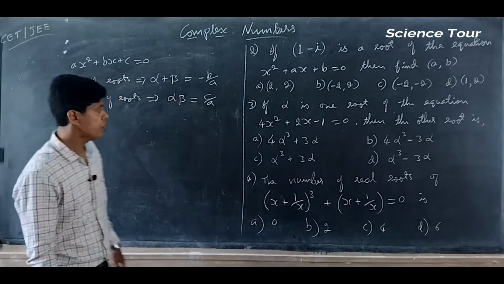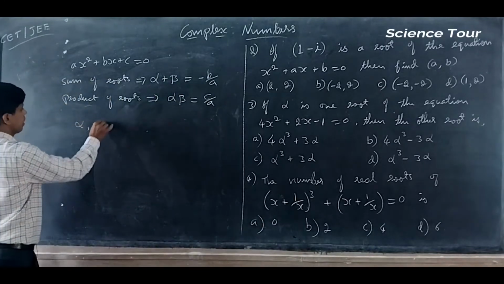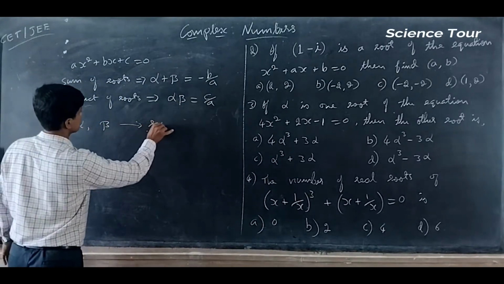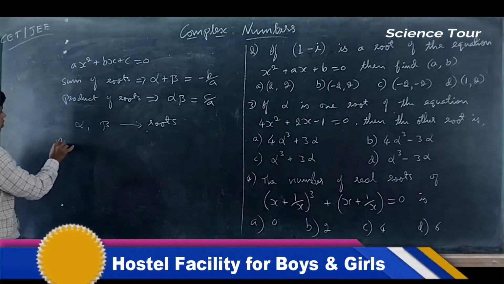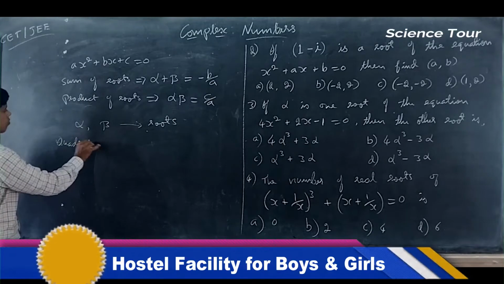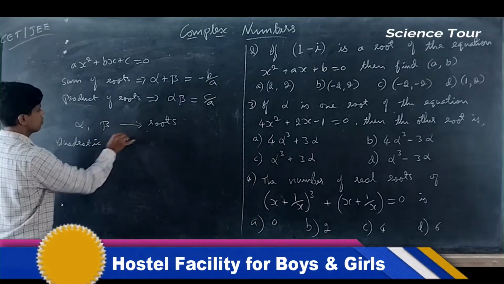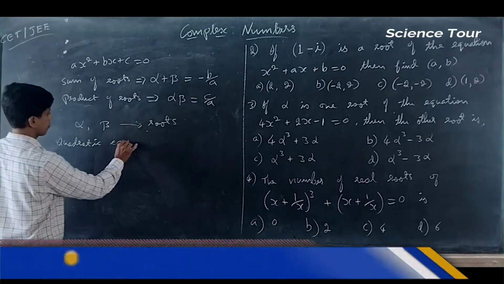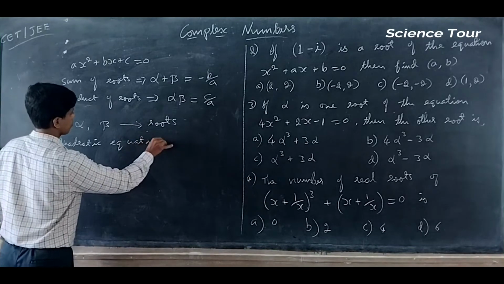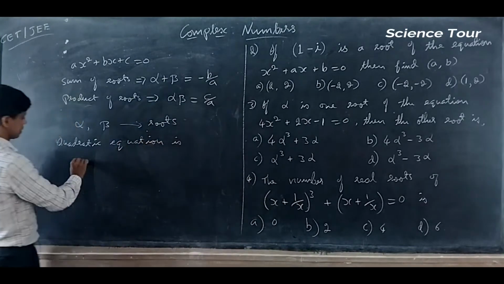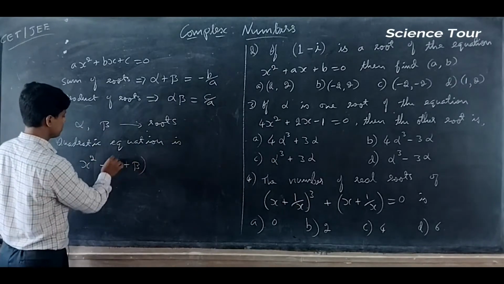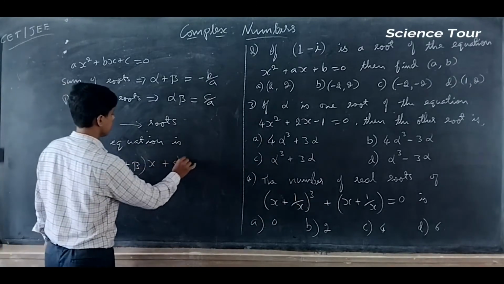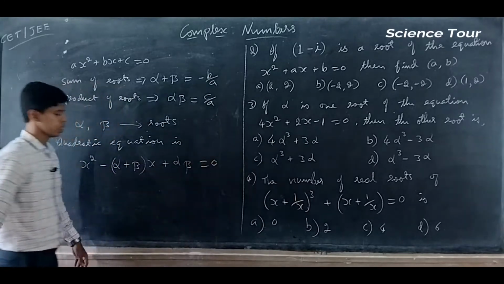And if alpha and beta are the roots, then what is the quadratic equation? Then the quadratic equation is x square minus (alpha plus beta) into x plus alpha beta is equal to 0.